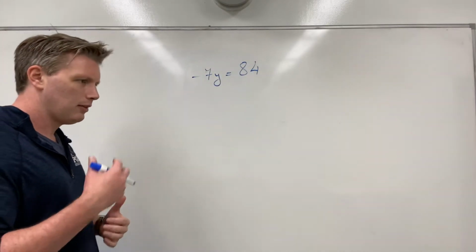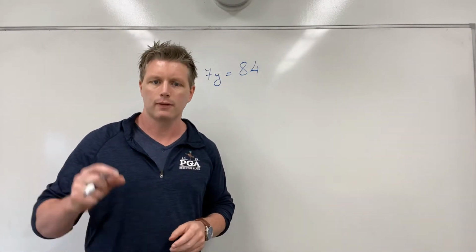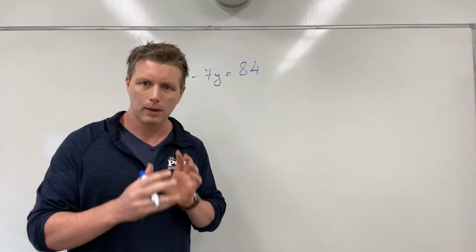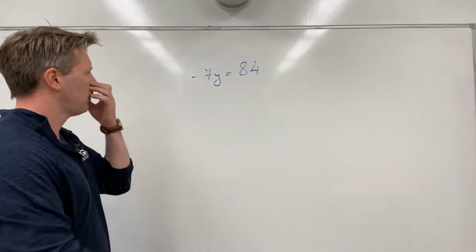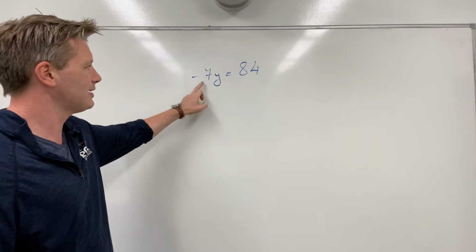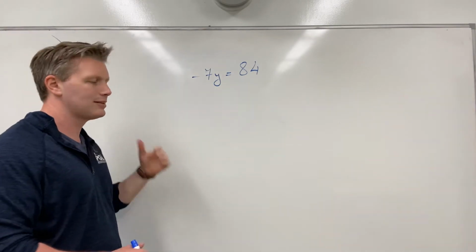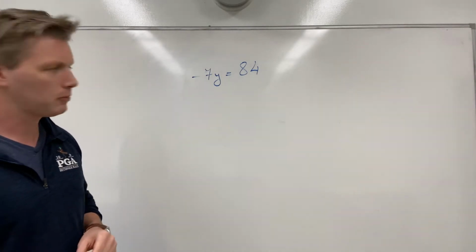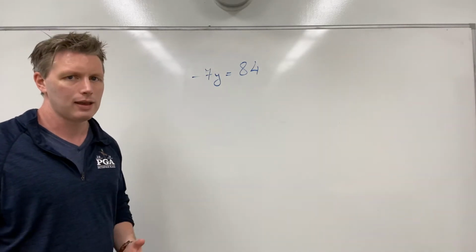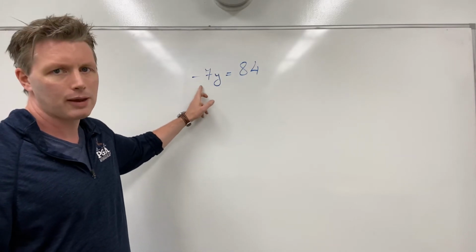All right, so again, the name of the game is always going to be isolating that variable, getting that variable by itself. How would I get my y by itself? It's not quite by itself. Here I have a minus 7 in front of my y. So in order to isolate that y, I'm going to divide. The y is multiplied by minus 7.